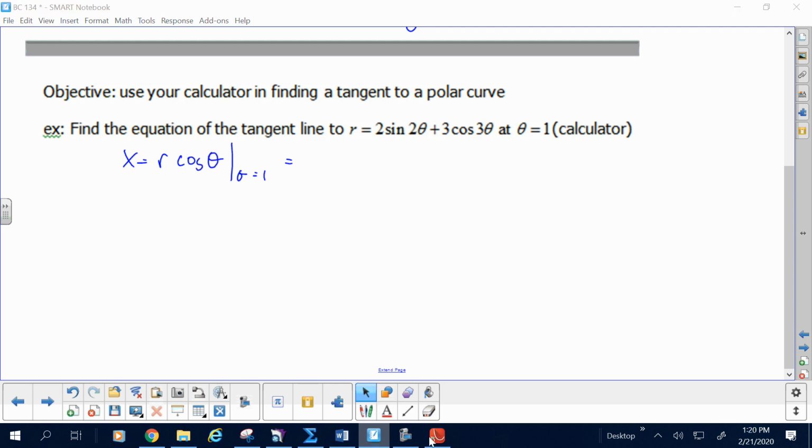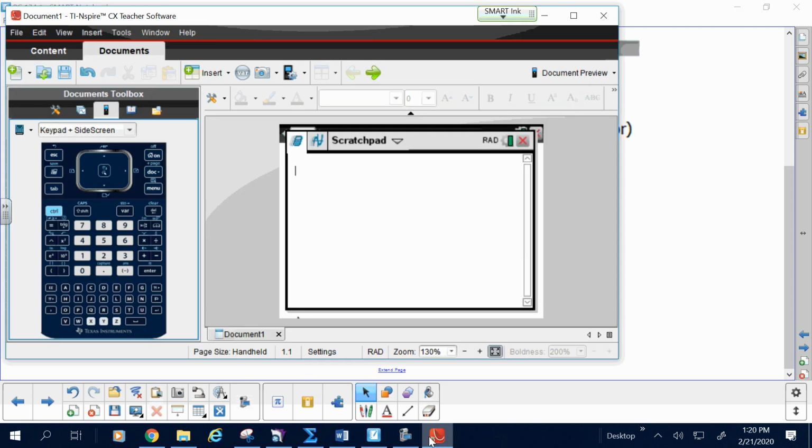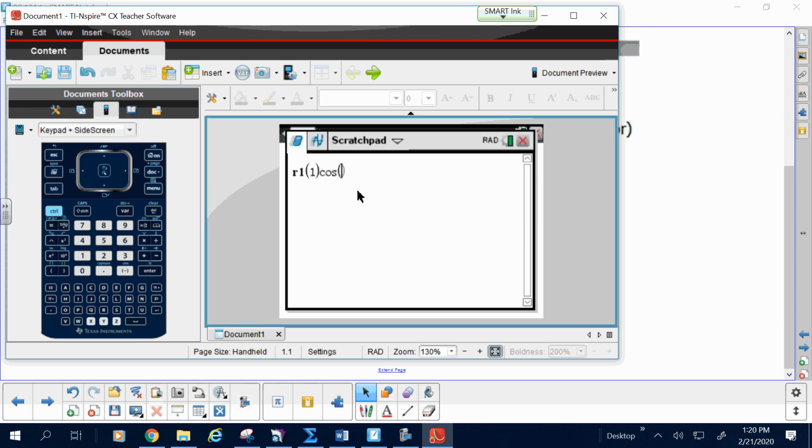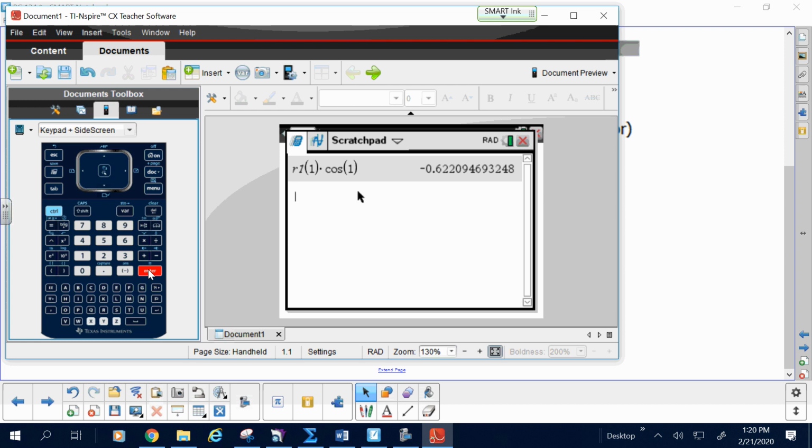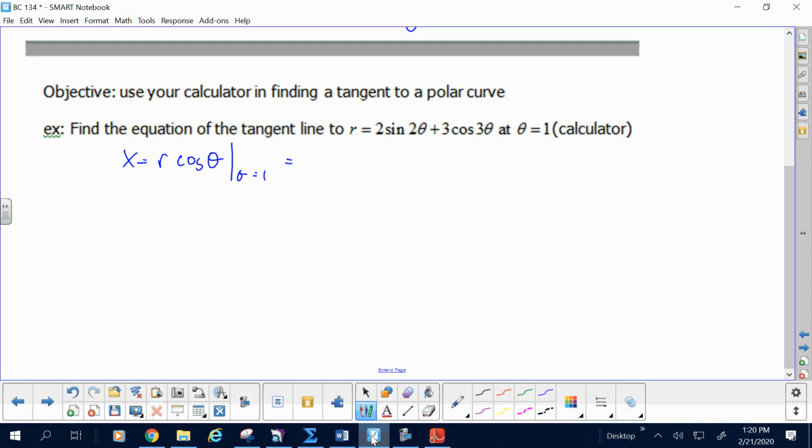And now let's go to the calculator. Let's call up r at theta of 1, and then multiply it by cosine at 1. And I get an x of negative 0.622. You follow? I don't think we're going to need that later, so I don't think you need to store it. Any questions so far about the x?